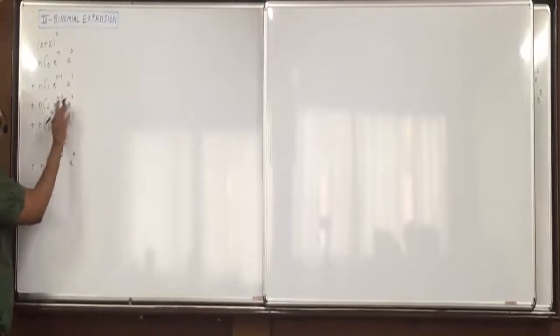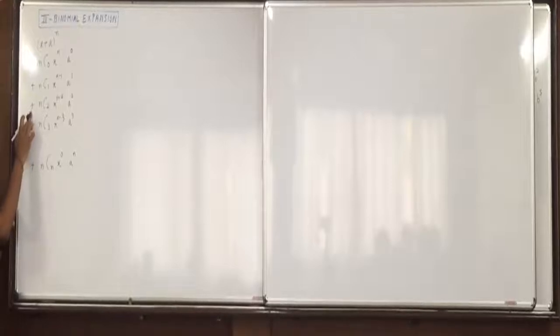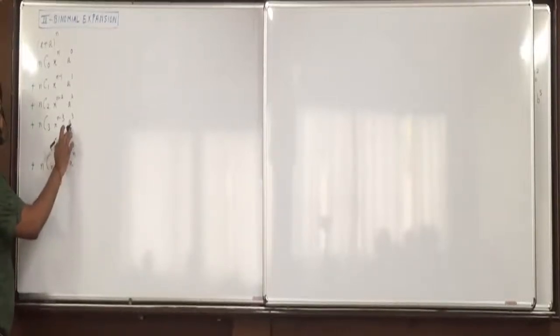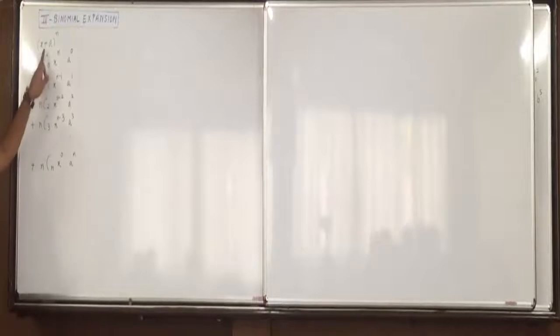But what will be minus a square? Positive, so second will become positive. Then again third power minus a raised to 3 will be negative, so minus. Then minus a raised to 4 again will become positive. So you remember it this way. If the sign is minus, then minus plus minus plus minus plus. Keep on changing this. Plus, then everywhere plus. Is everyone clear with this?